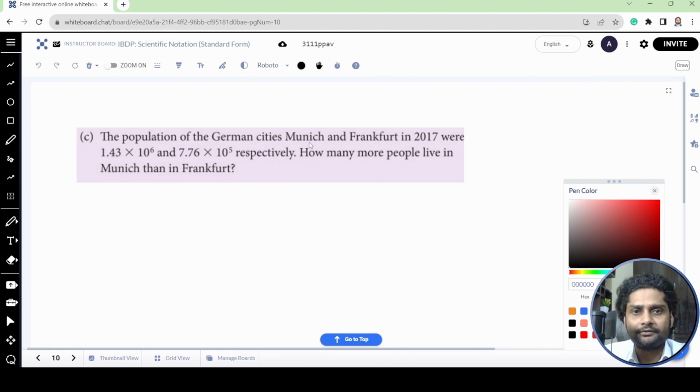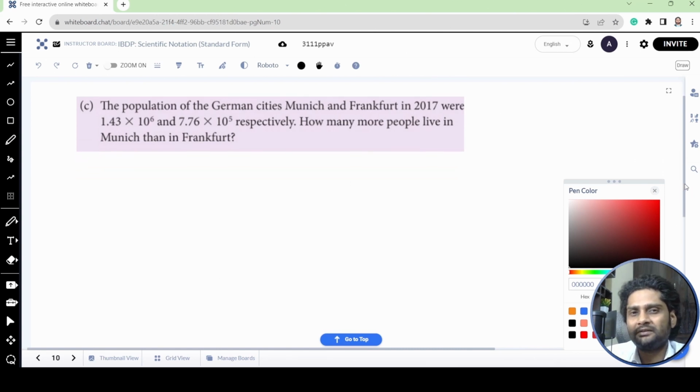They're given two numbers, okay? Population of the German cities, these are the two cities, and in different cities we have different population. Of course this is a big number, so one way is to first convert it into a simpler number and then subtract and you will get your answer.